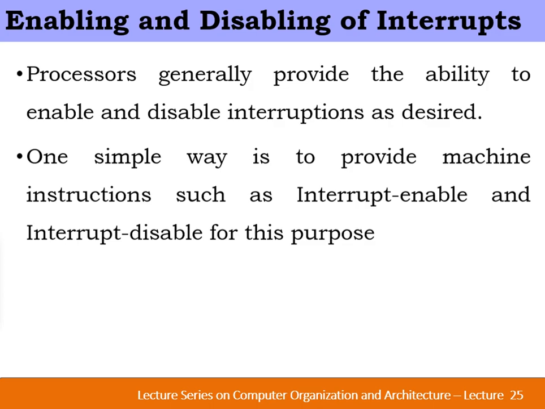Here we know that an interrupt is an asynchronous event. It can happen at any time, and it may even alter the sequence of events that has already been performed by the processor. Therefore, we are supposed to provide a facility wherein the processor can enable as well as disable the interrupts as and when required.